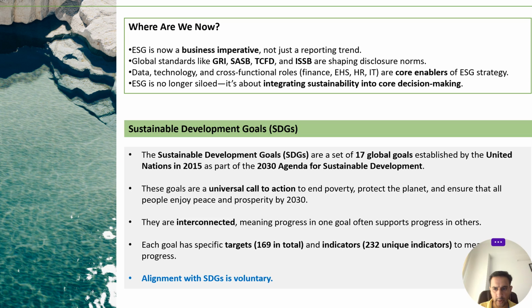So that's a kind of consolidation that is happening, because all these reporting frameworks don't want to remain just a reporting framework, just a tick box. They want to create value for the organizations which are reporting in alignment with these frameworks, right?